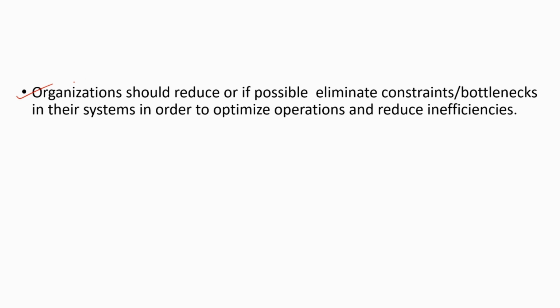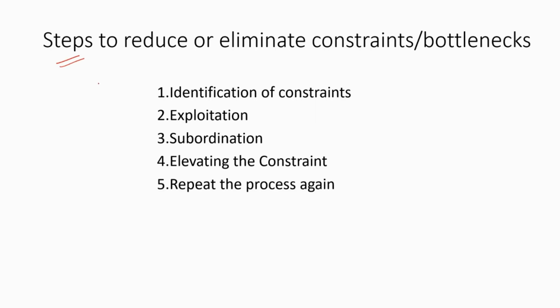Organizations should reduce or, if possible, eliminate constraints or bottlenecks in their systems in order to optimize operations and reduce inefficiencies. These are the steps to reduce or eliminate constraints or bottlenecks. First step, identification of constraint. The first step in managing constraints is identifying them within the system or process.